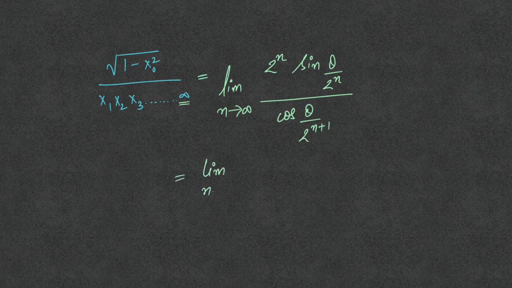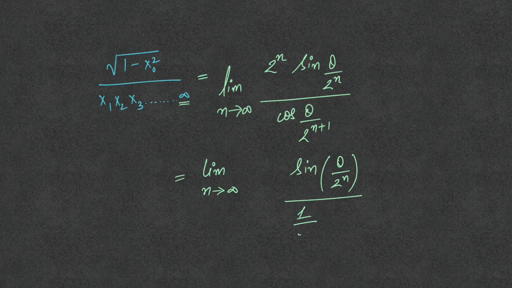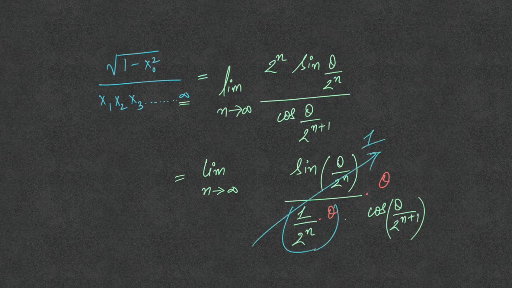Now limit n tends to infinity. Sine of theta upon 2 raised to power n divided by this 2^n can be written as 1 upon 2 raised to power n, and multiplying here by theta and dividing by theta, and cos of theta upon 2 raised to power n plus 1 as it is. Now this is a standard limit here, and it will tend towards 1.